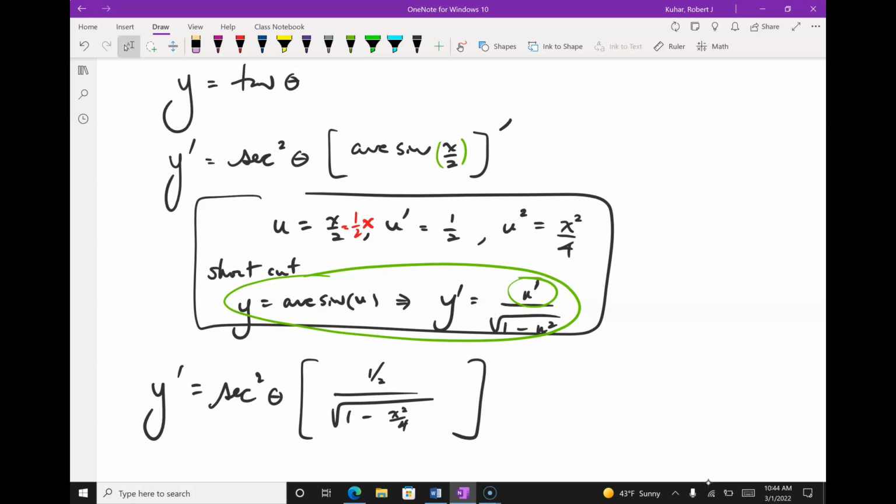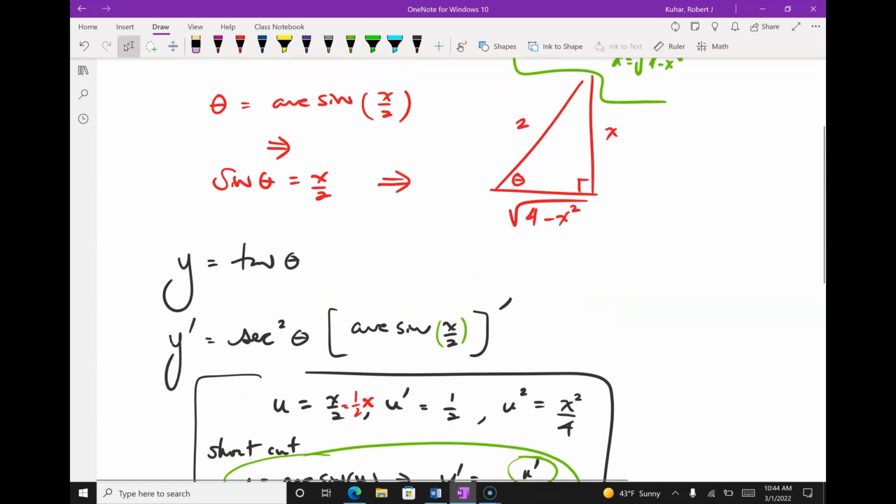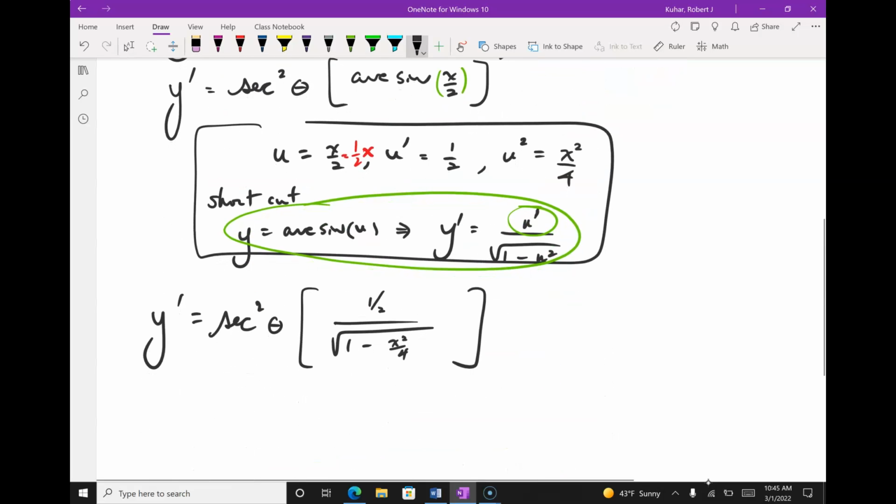So secant squared is 2 over the square root of 4 minus x squared, quantity squared, times this.